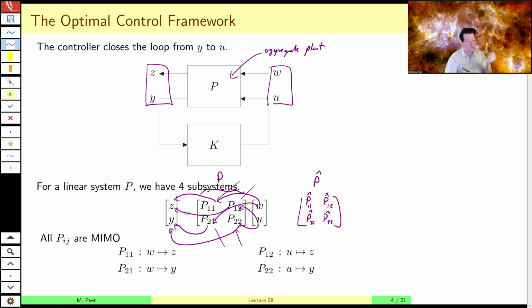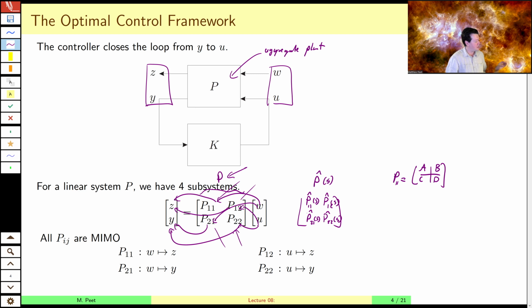So notice that this concatenation, however, does not hold for state space systems. If we have a state space representation of these subsystems, which we write as A, B, C, D, we can't just concatenate the A, B, C, D together and get a state space representation of this aggregate system.